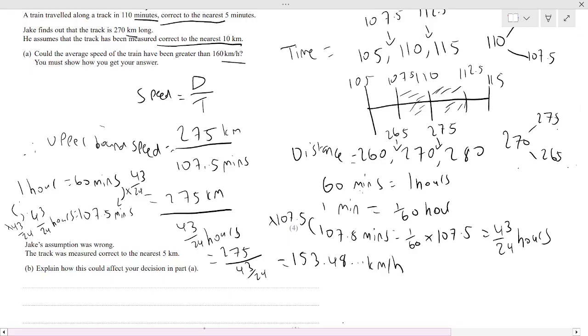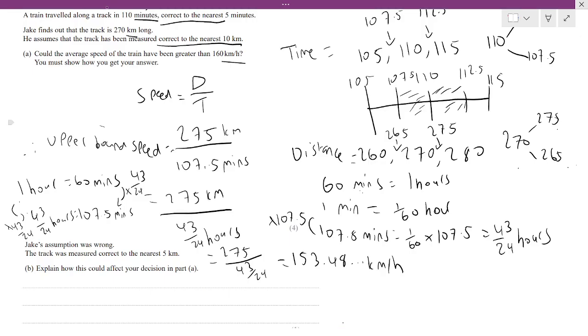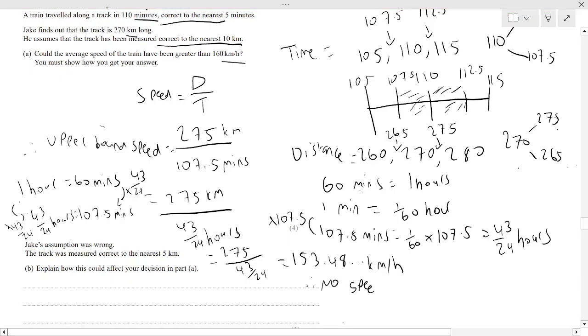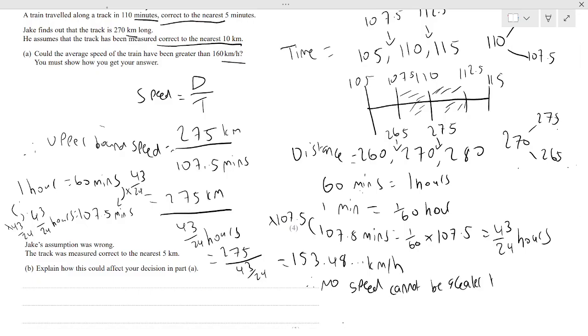So Jake didn't say that, so no, speed cannot be greater than 160, as obviously the upper bound is less than 160, as 153.48 is less than 160.